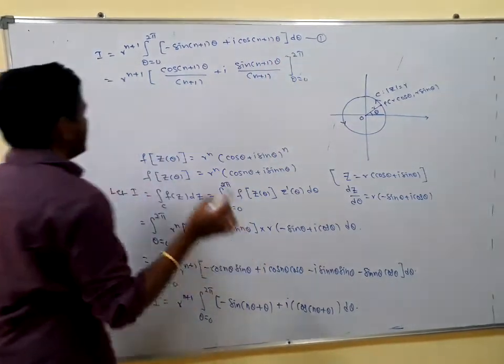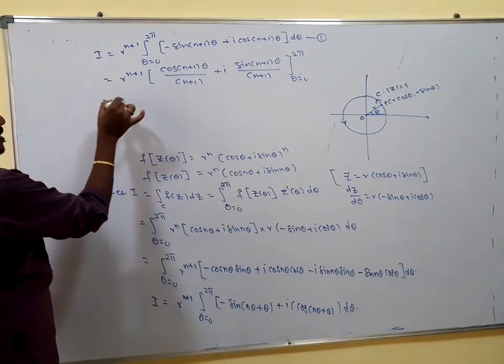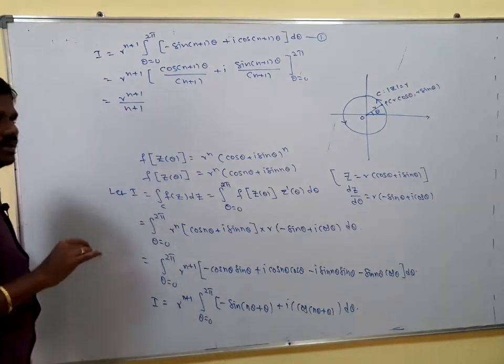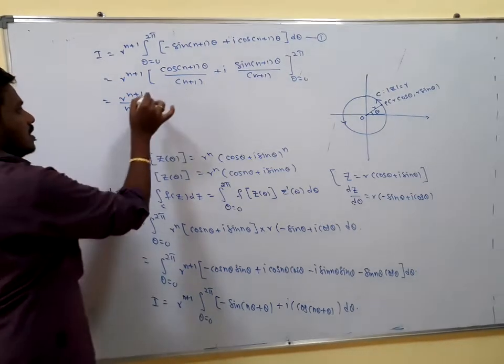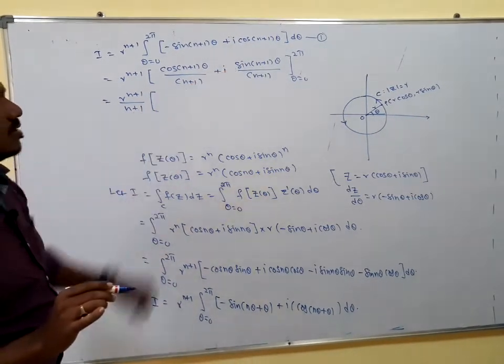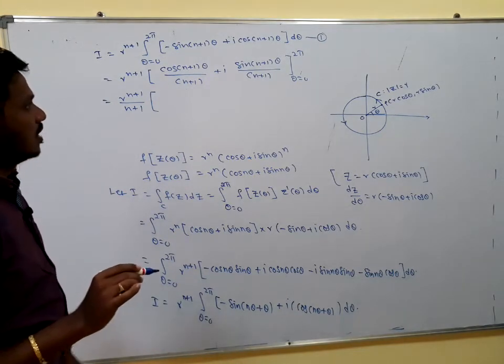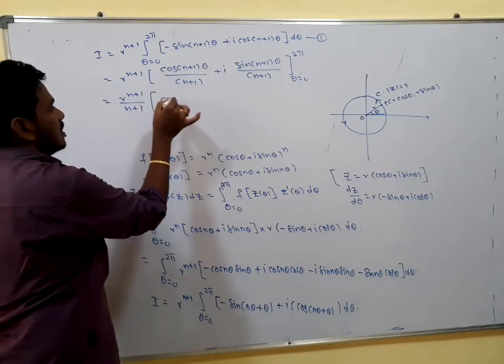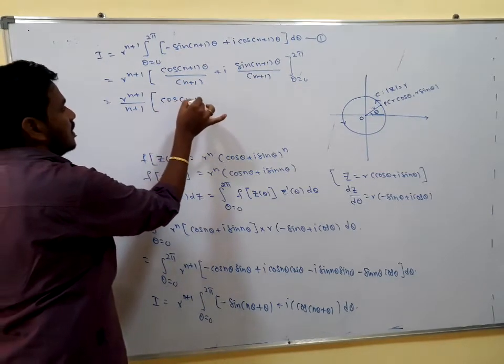So n plus 1 is the LCM, which gives r to the power of n plus 1 divided by n plus 1. Here it is cos (n plus 1) theta, where theta goes to 2 pi.